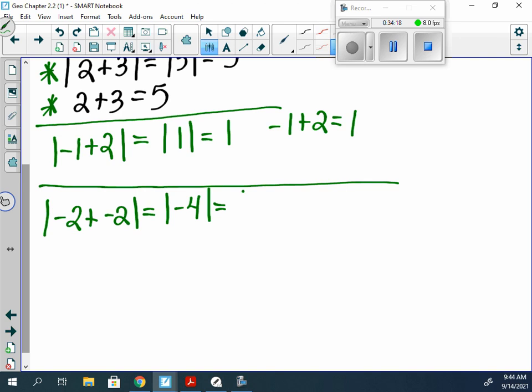The absolute value of negative 4 is positive 4, yes? Now the other side would be negative 2 plus negative 2, which is negative 4. Are these the same? No. So there's our counterexample.